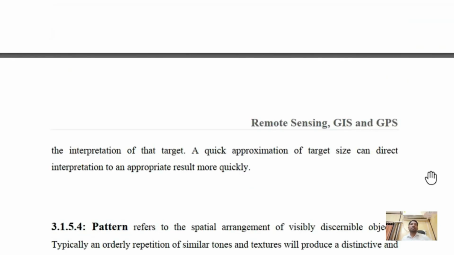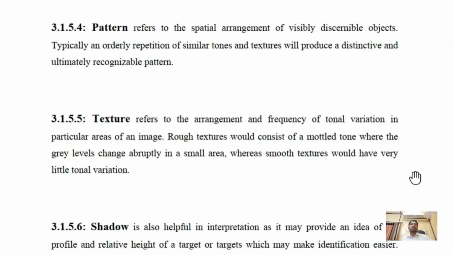A quick approximation of target size can direct interpretation to an appropriate result more quickly. Pattern refers to the spatial arrangement of visibly discernible objects. Typically, an orderly repetition of similar tones and textures will produce a distinctive and ultimately recognizable pattern.